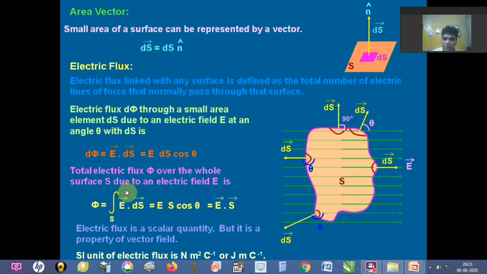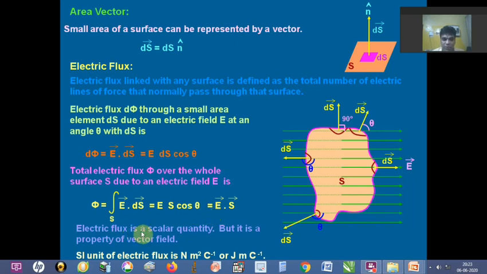Total flux is the integration over s over a closed surface. So these surfaces must be closed. So E vector dot ds vector, integral over s. So it will become E s cos theta, or E vector dot ds vector.